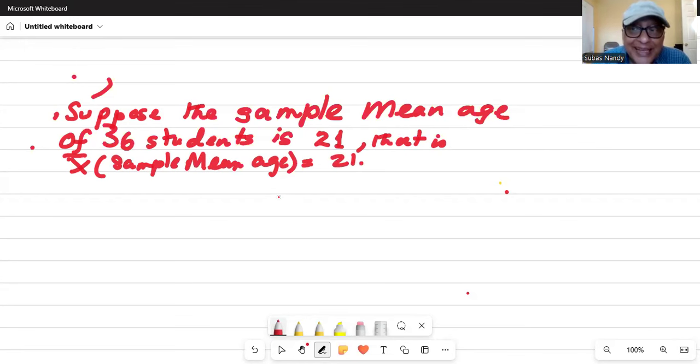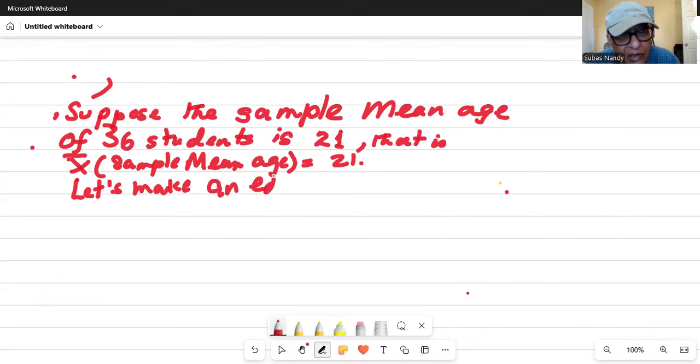Now I'm going to make an educated guess, all right, about the population mean age. So let's make an educated guess about population mean.